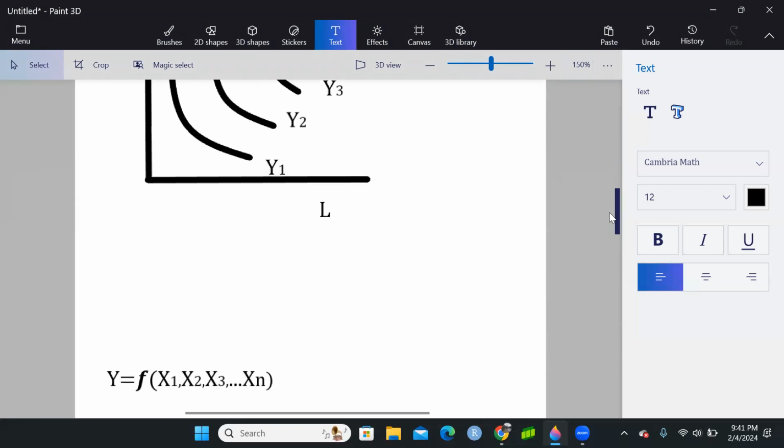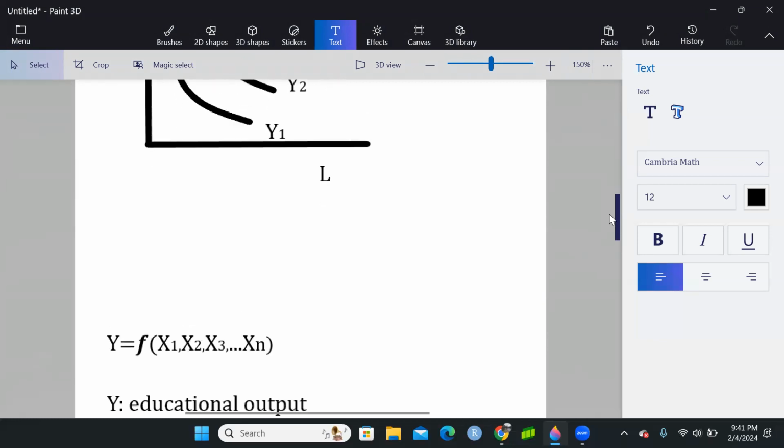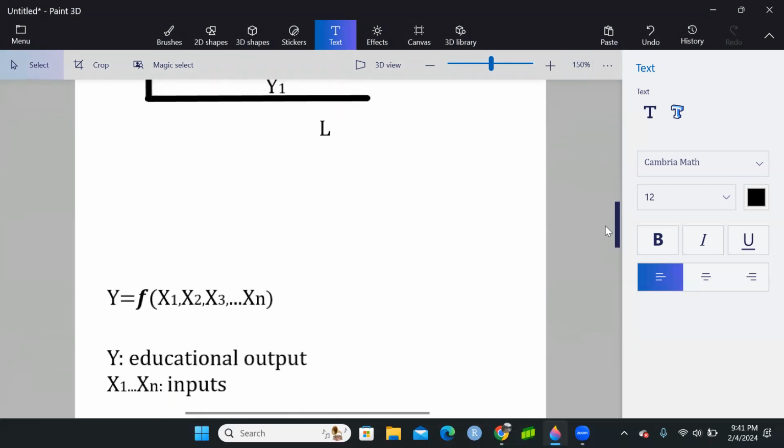So I wrote out here one way you can think about this. We've got y, which is output, as a function of the inputs. Now, with the Cobb-Douglas production function, it was relatively simple to see what the output was.